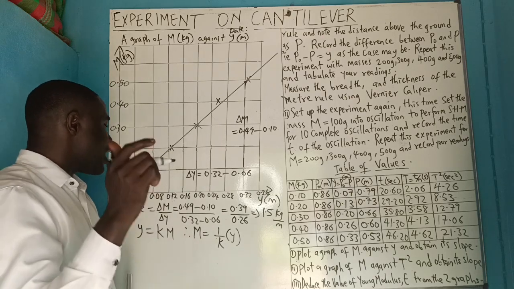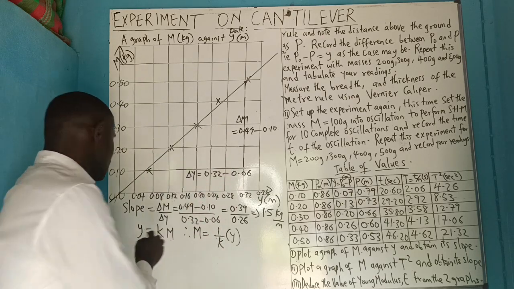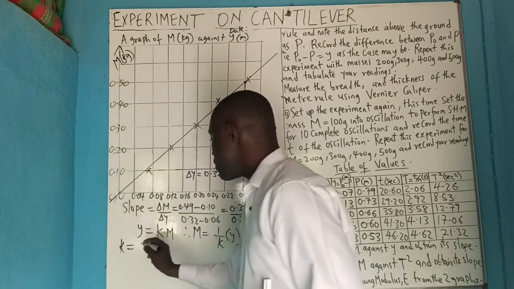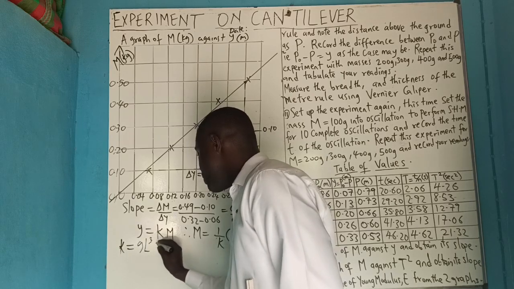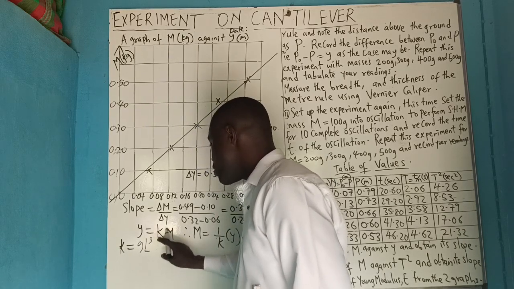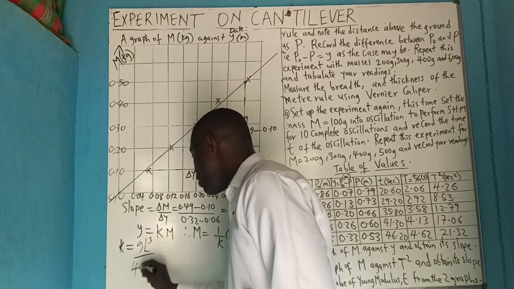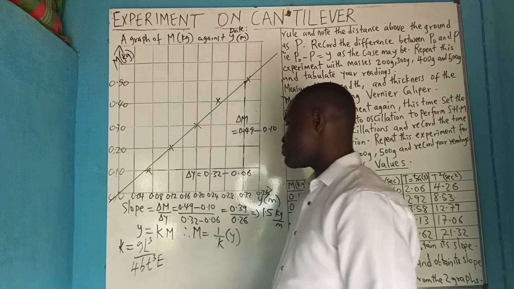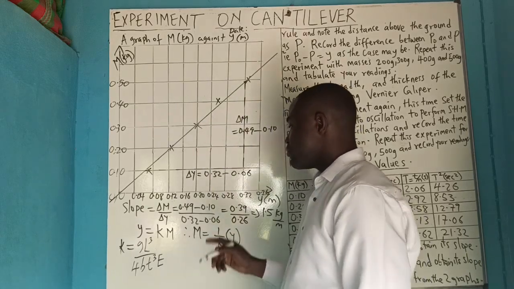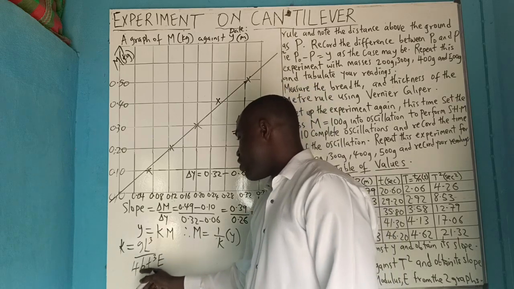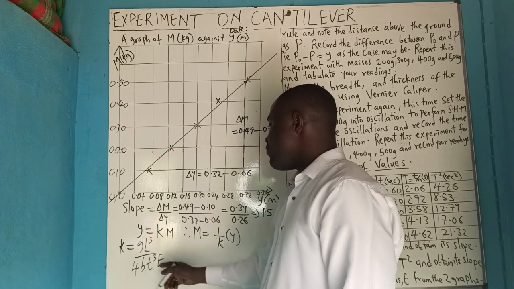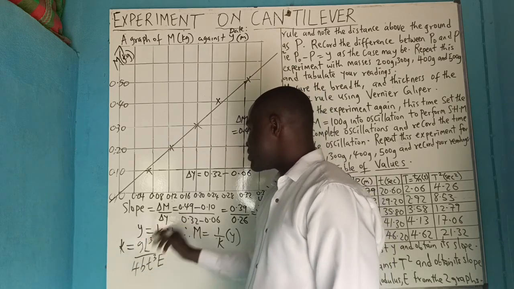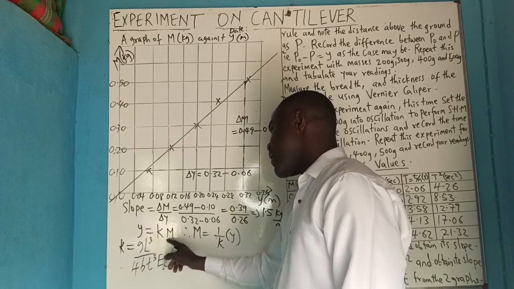Okay, now we said that K is equals to G L cube all over 4 B T cube E. Now from here we said Y is equals to Km and K is this.